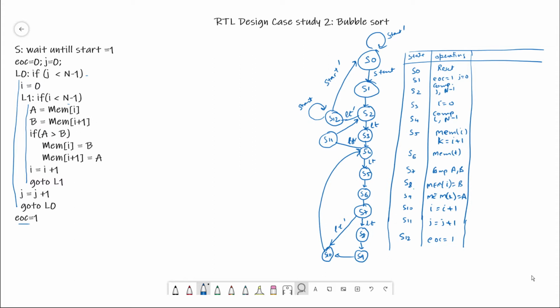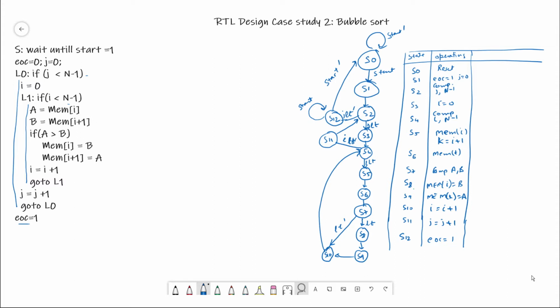From S2 state, it depends on this LT signal. So let me call this, as there are two LT signals, this is JLT. So this is JLT signal, and then it is always going to S3 state, where we are going to make I equal to 0, and in S4 state this is I, and this is ILT dash. So basically these are two different signals, ILT dash.